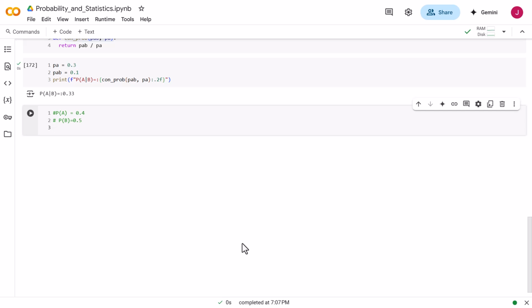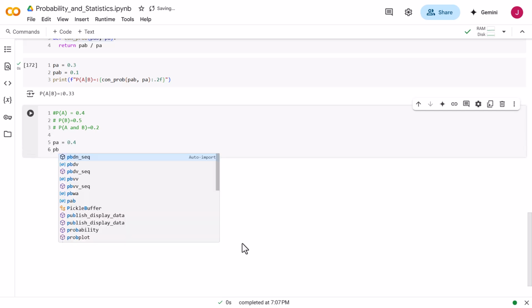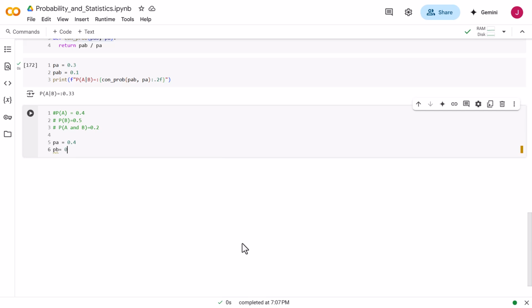And also I have probability of A and B equals 20%. Then I will define P of A equals 0.4, P of B equals 0.5, and P(A and B) equals 0.2, right?